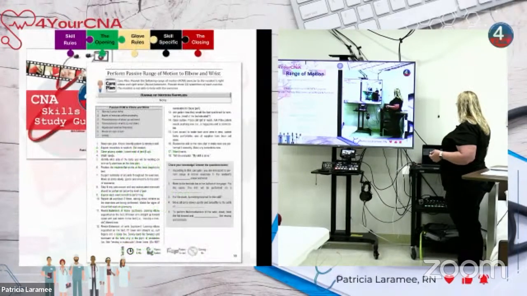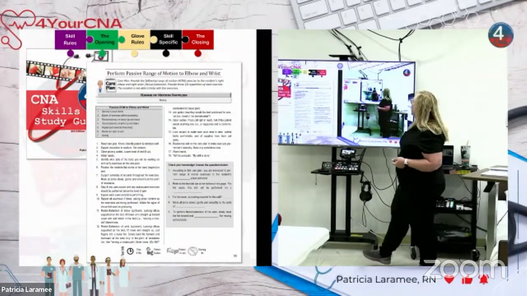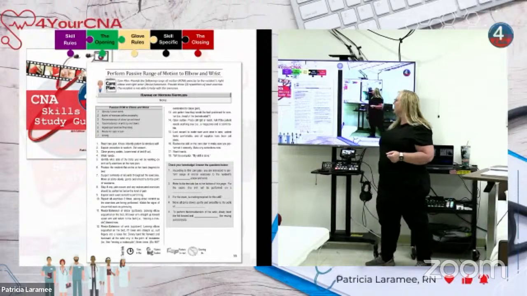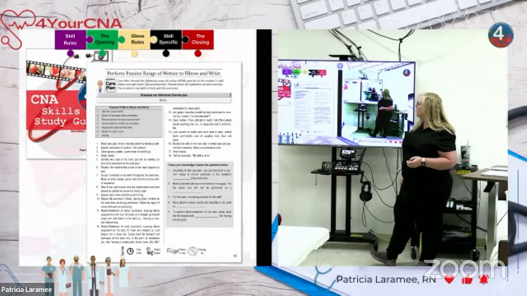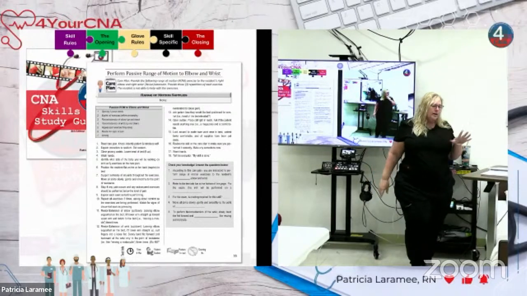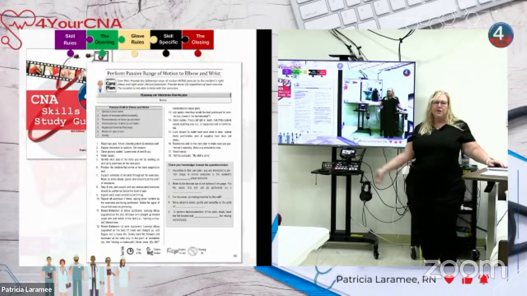All right, so page 55. Our care plan tells us to provide the following range of motion exercise to the resident's right elbow and wrist. Flexion, extension, so one exercise. Now the elbow only moves in one direction. If you get an elbow to do anything other than this, you broke it.